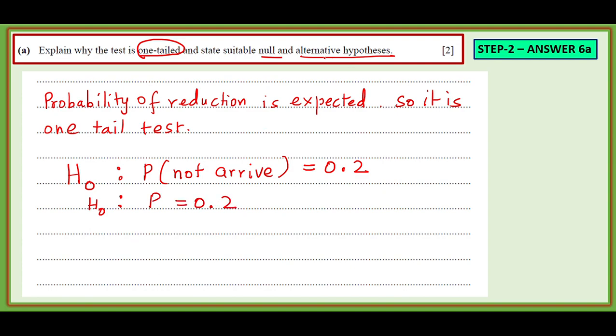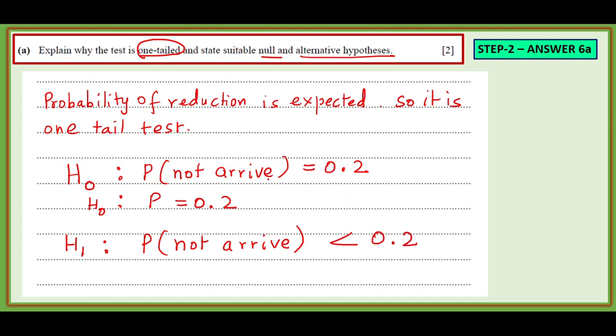What is the meaning of alternative hypothesis? It is the hypothesis which contradicts the null hypothesis. So we have H1 as the alternative hypothesis, and we can say that the probability of not arriving is reduced. That's what they expect. So not arriving is less than 0.2.